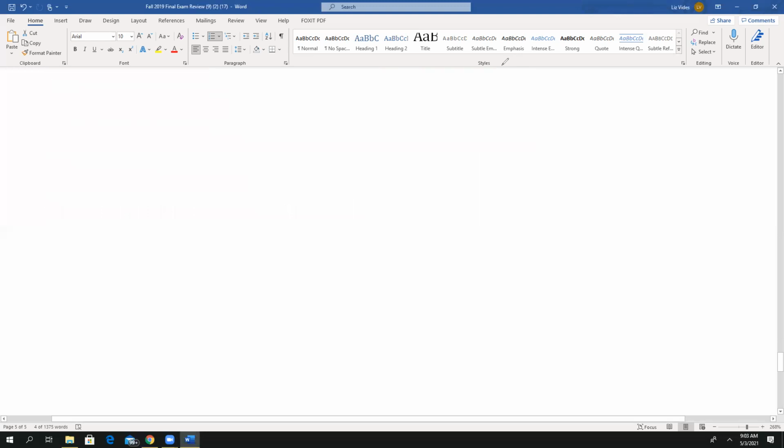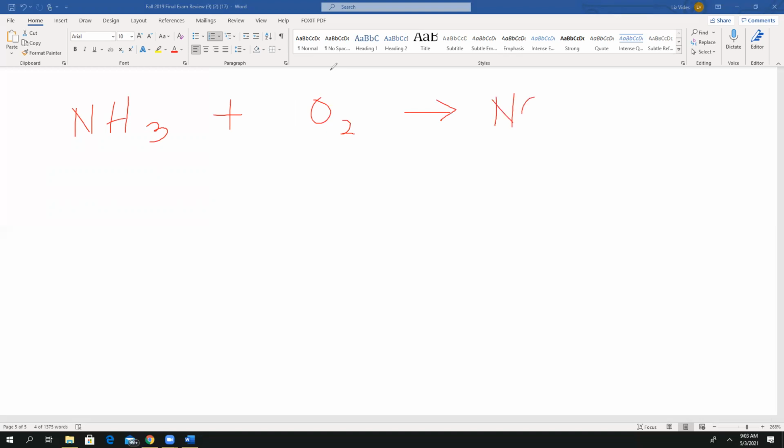It says, based on this equation that I'm about to type in, ammonium plus, sorry, it's not sulfur, it's oxygen, yields nitrogen monoxide plus water.